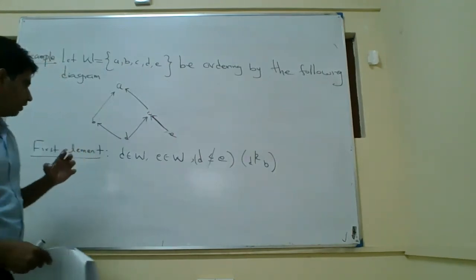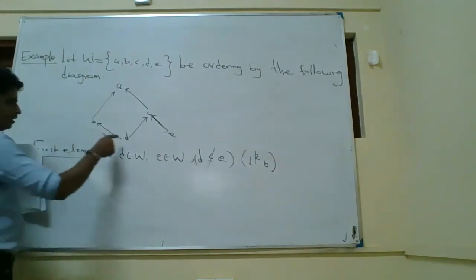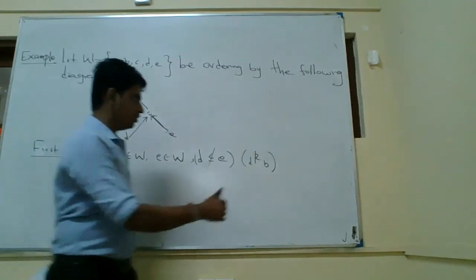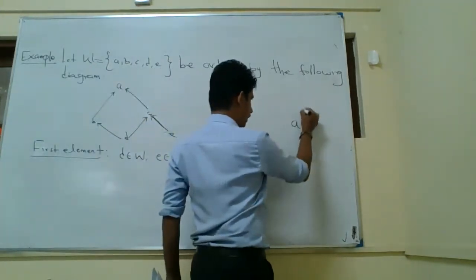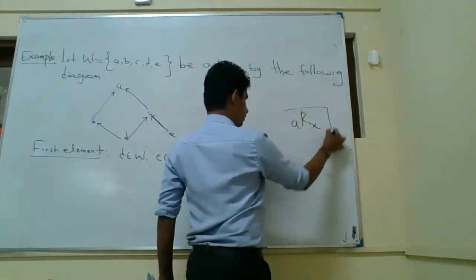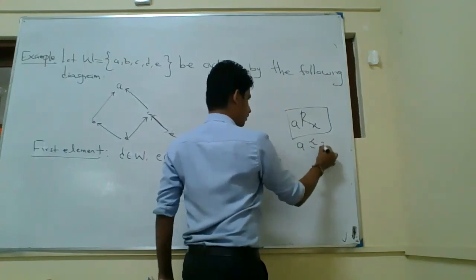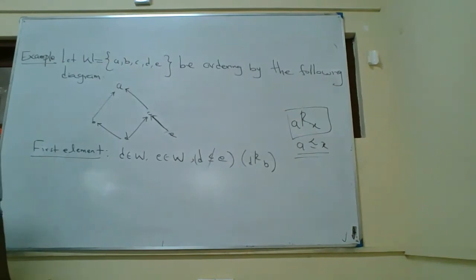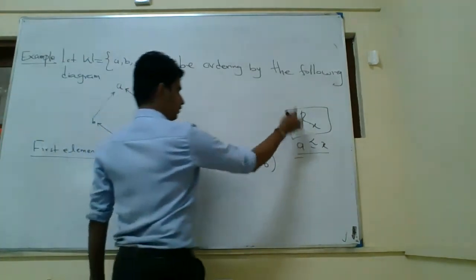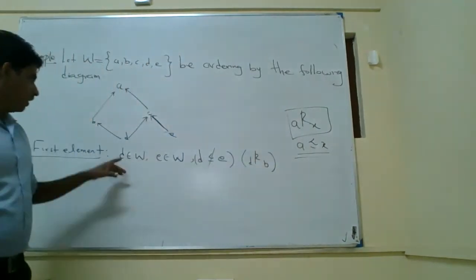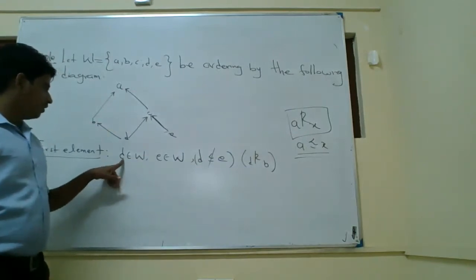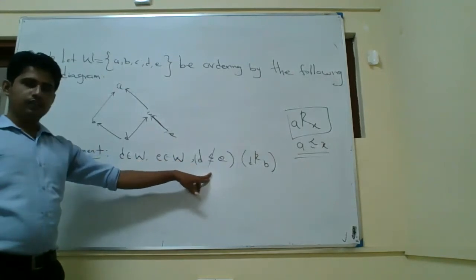You assume that one of the elements, you take this one as a first element. You find this first element, and you want to show that suppose A is the first element, A related to X. That means A precedes X. Here the first element is your A. Like that, you assume that here D is the first element, E one of the elements, then you have the relation D precedes E. Is there any relation there?